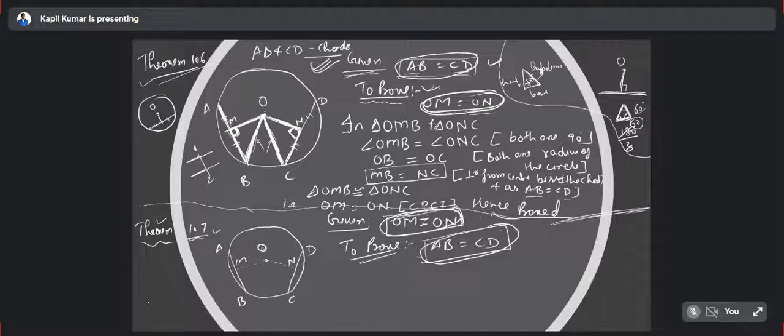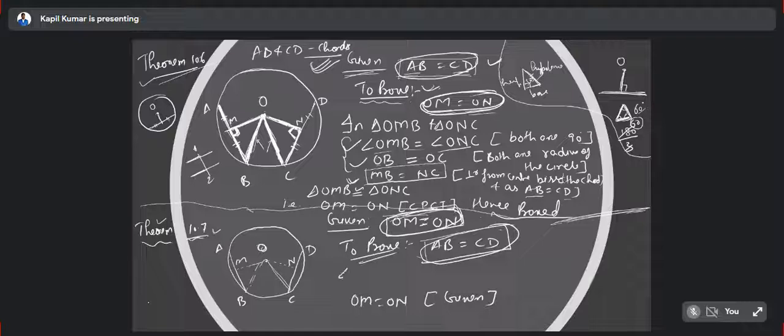We will join O to B and O to C again, and then we will consider these two triangles, OMB and ONC. So this angle, and this OB is equal to OC. We will take the same in this theorem also. But for the third one, we will take that OM is equal to ON, because it is given.